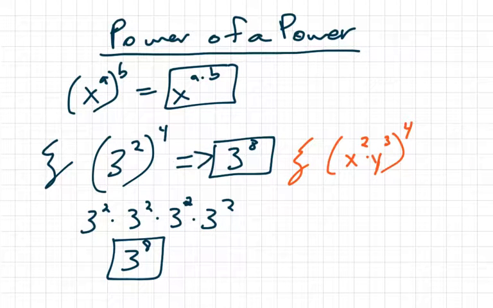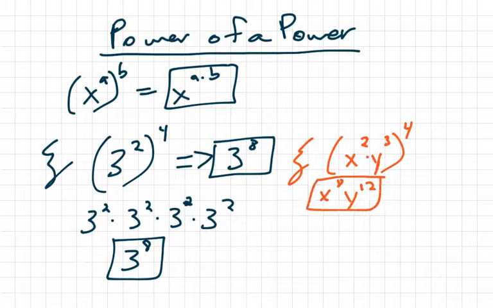Now I'll do another example right after this one where it involves a numerical coefficient, but we can see that we can multiply the 2 and the 4 and the 3 and the 4, and we're done. Again, you could just expand it out and see that that's what the answer is, but if you can recognize that the power of a power, the x squared, is raised to the power of 4, but so is the y cubed, you can use that rule.